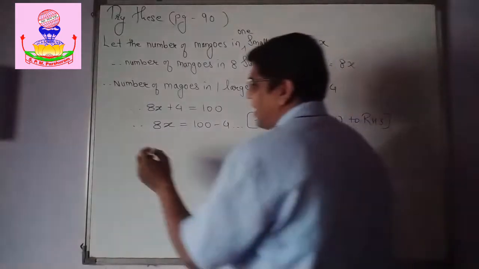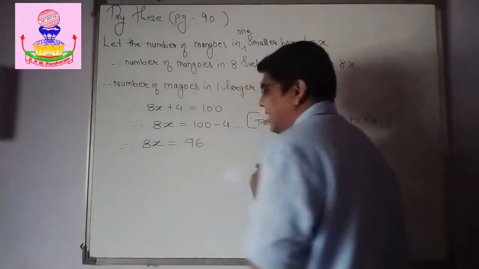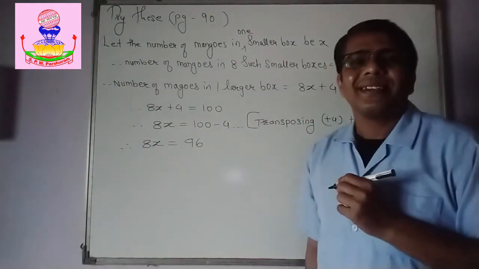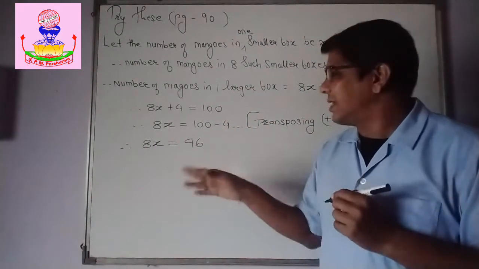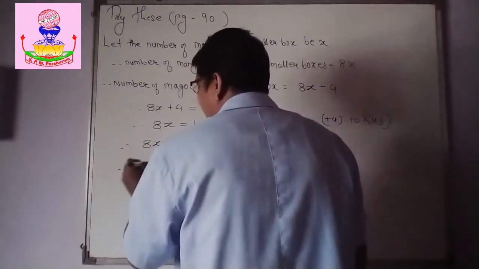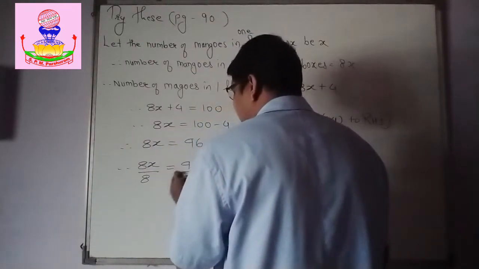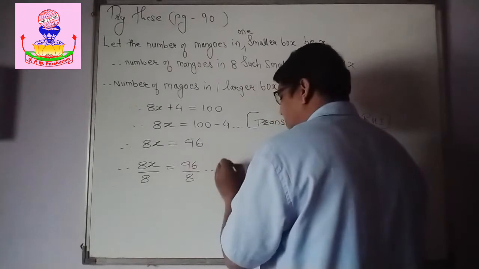Right? Now, so therefore, 8x is equal to 96. So divide both sides by 8. Right? So 8x upon 8, that is equal to 96 upon 8.